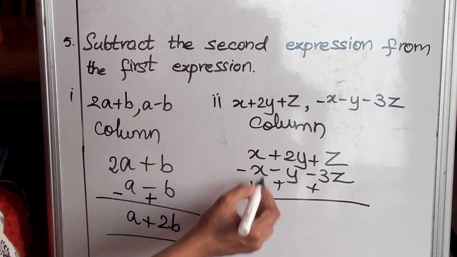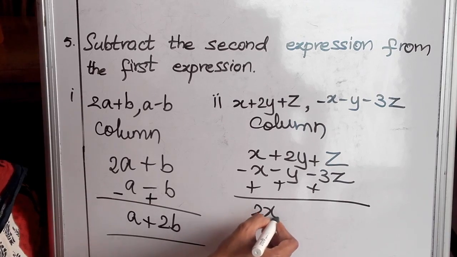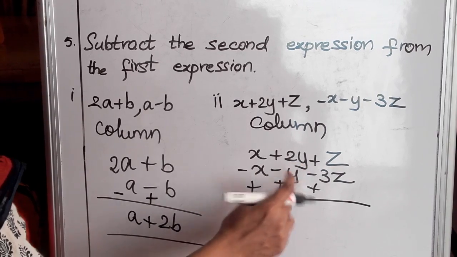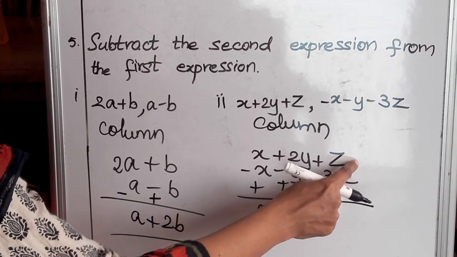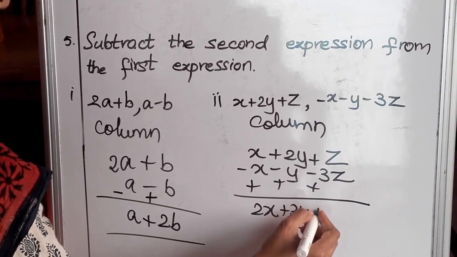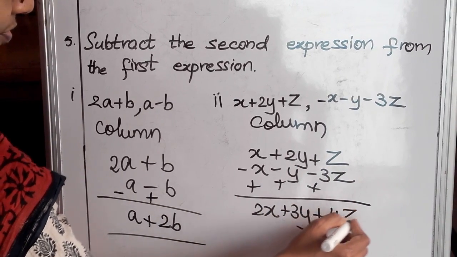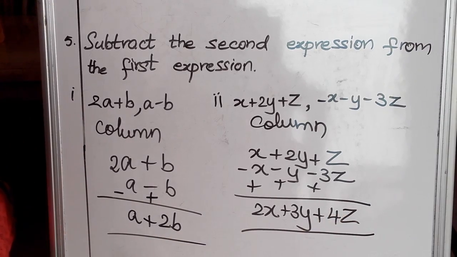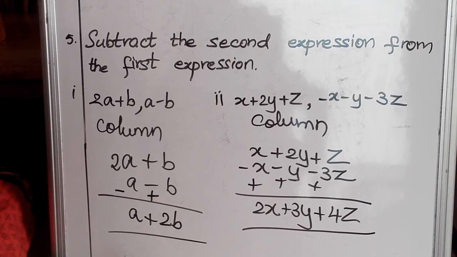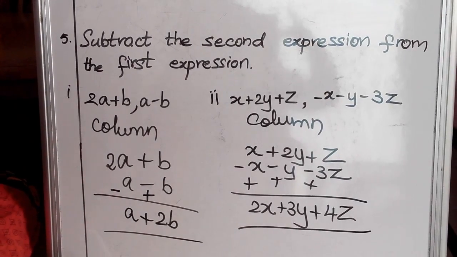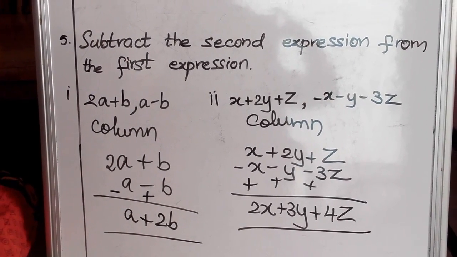So x plus x is 2x, 2y plus y is 3y, z plus 3z is 4z. So the answer you got is 2x plus 3y plus 4z. Understood this? Copy in your class workbooks, children.